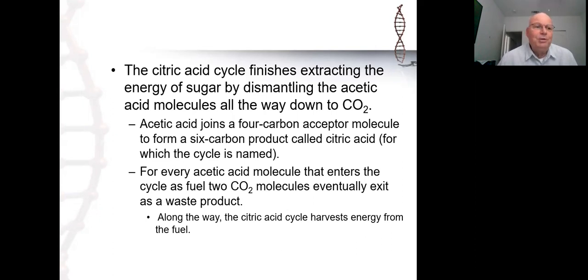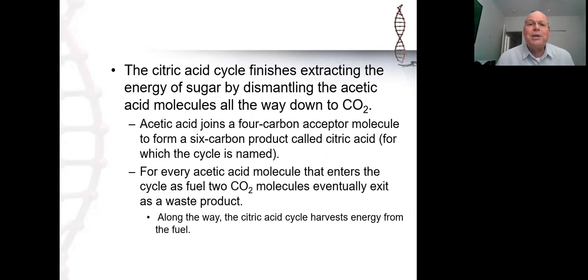So the acetyl group is actually brought into the cycle to replace the carbon dioxides that are given off as the cycle continues. Because for a cycle to continue to function, anything that you lose from it, you have to replace. So in the cycle, we lose 2 carbon dioxides, which means we need to replace those 2 carbons. That's what the acetyl group does to allow the cycle to continue. And with the loss of those 2 carbon dioxides, we've now accounted for the 3 carbons from a pyruvate.